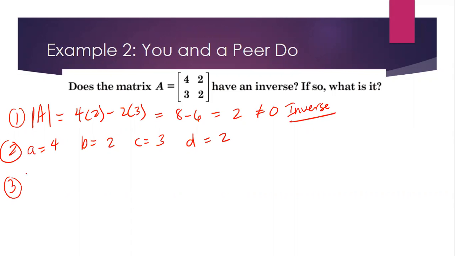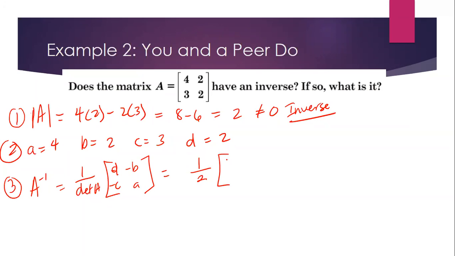Then step 3, you use the formula: 1 over the determinant of A times D, negative B, negative C, A. So you have 1 over 2 times 2, negative 2, negative 3, and 4.